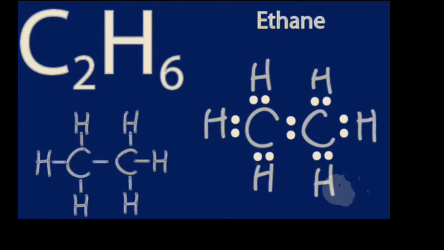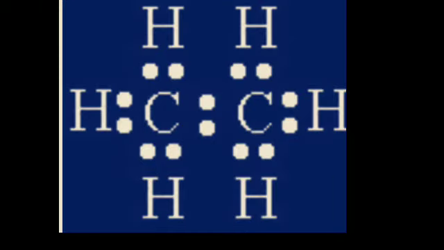In the first step, join the two carbon atoms with a single bond, carbon-carbon. And in the second step, use the 6 hydrogen atoms in the molecular formula for fulfilling the tetravalency of both the carbon atoms.